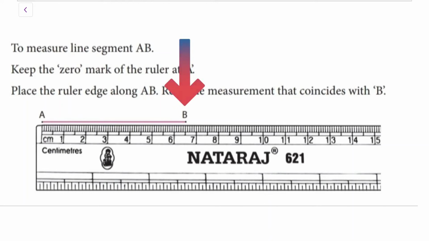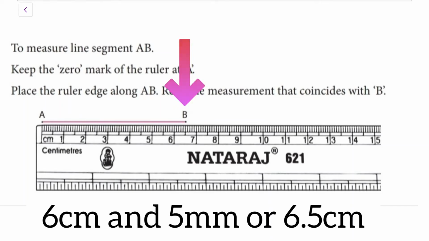The measurement of AB is 6 centimeters. That's right, it's in between 6 and 7. Because it is a centimeter scale, it's between 6 centimeter and 7 centimeter. So it is 6 centimeter and 5 millimeter, or it can also be written as 6.5 centimeter, and it is read as 6.5 centimeters.